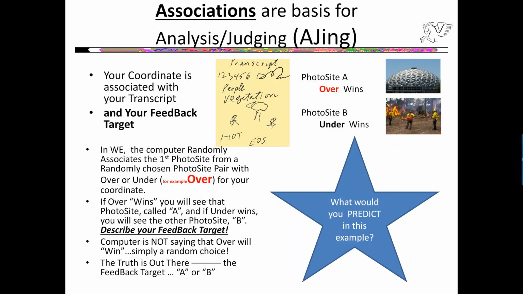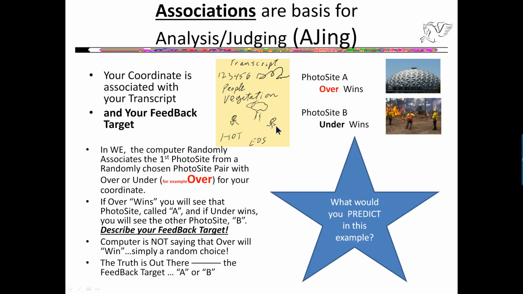I don't know why everybody gets confused, and even when I'm talking about it a little bit, you can see I got a little confused, but it's not. There are 2 independent sessions, each of which has its own feedback target. And again, all you do is describe and sketch your feedback target for each.